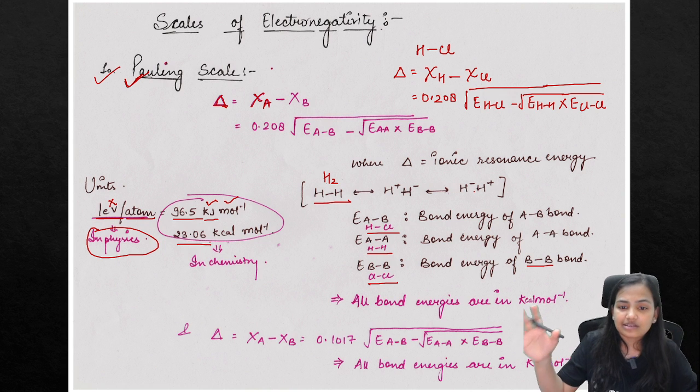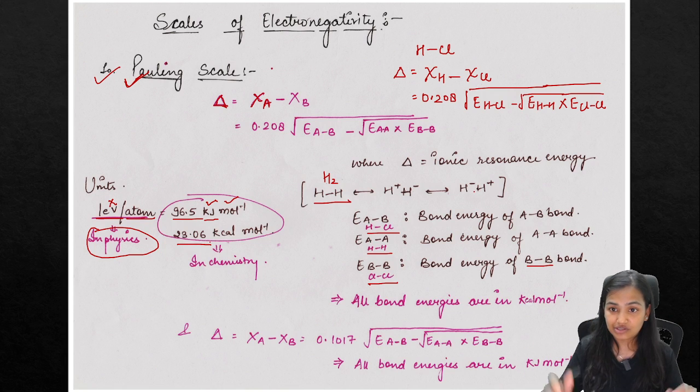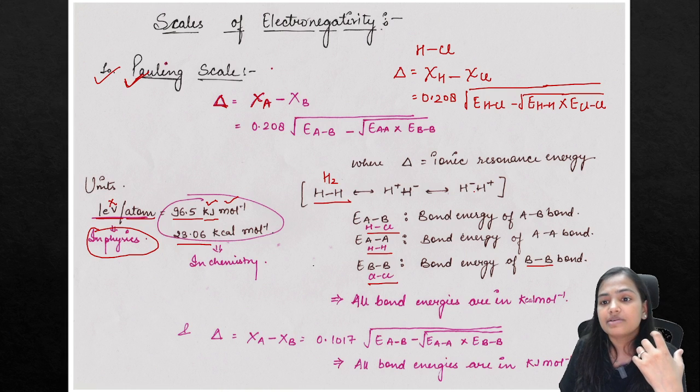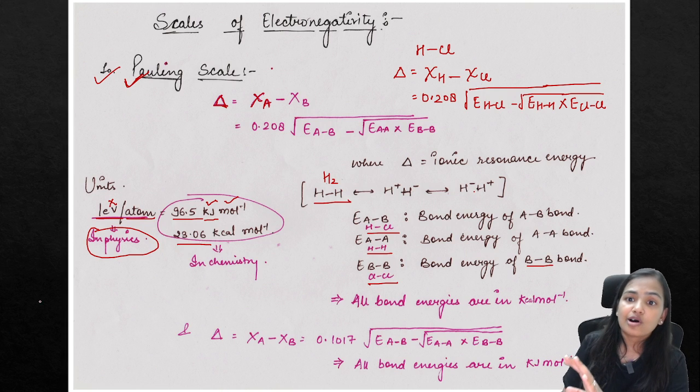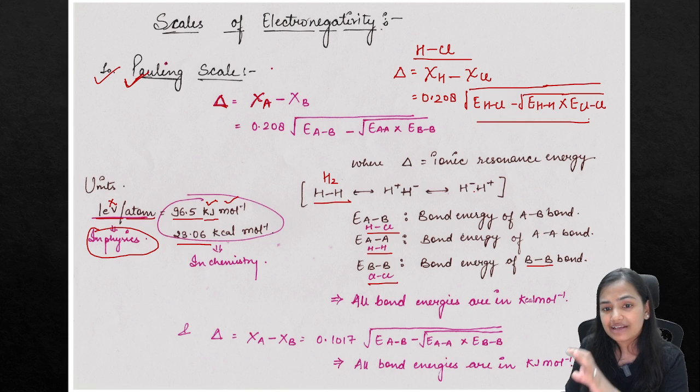So this is simply a calculation, but we need not go into any such calculation. It is a simple scale which defines the electronegativity on the basis of bond energies, the difference between the bond energies of HCl, which we can determine this way.